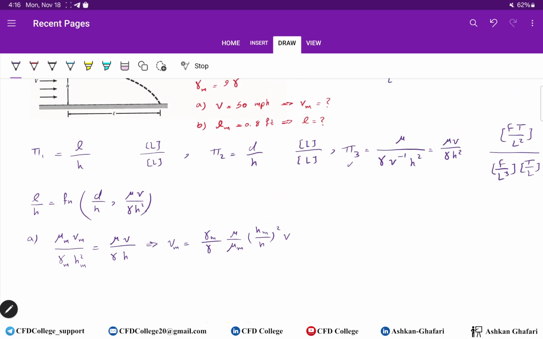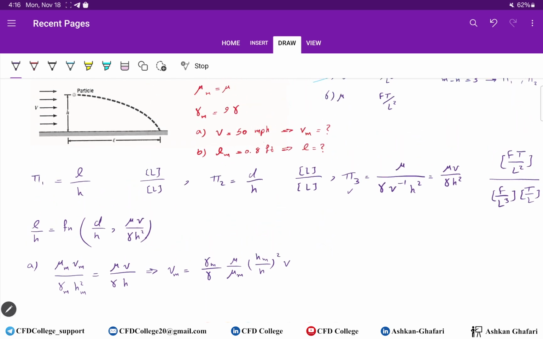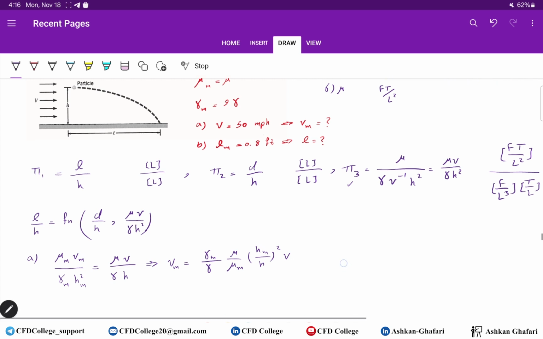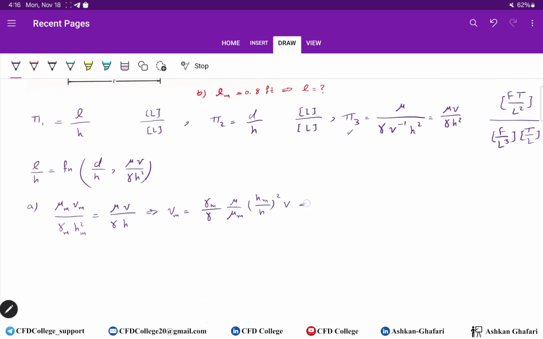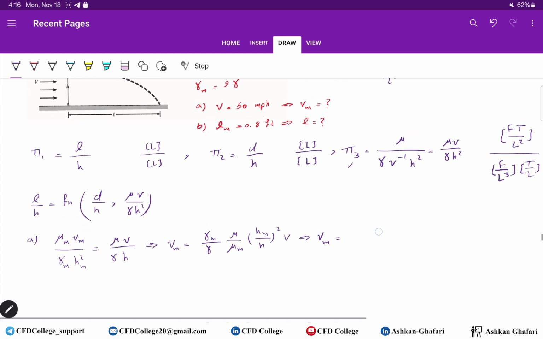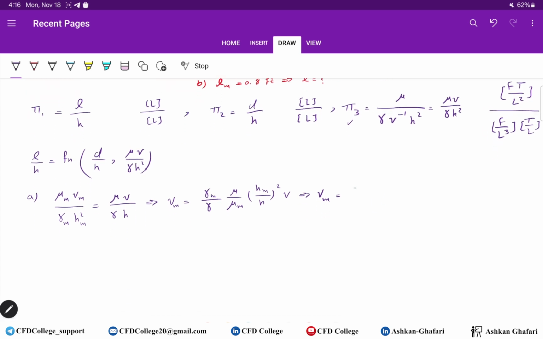We know that mu m equals mu, so Vm equals gamma m over gamma, which is 9.